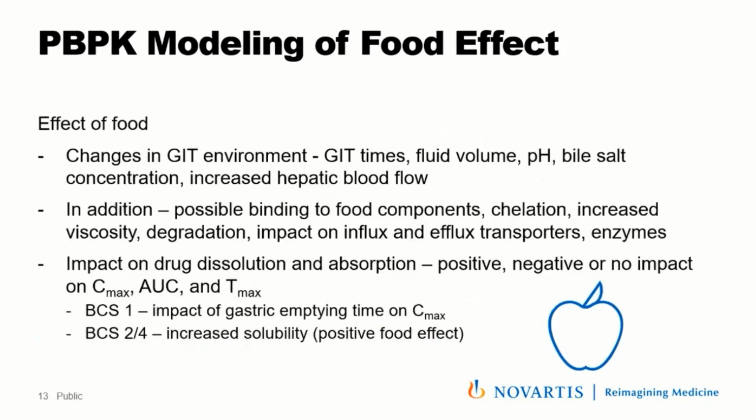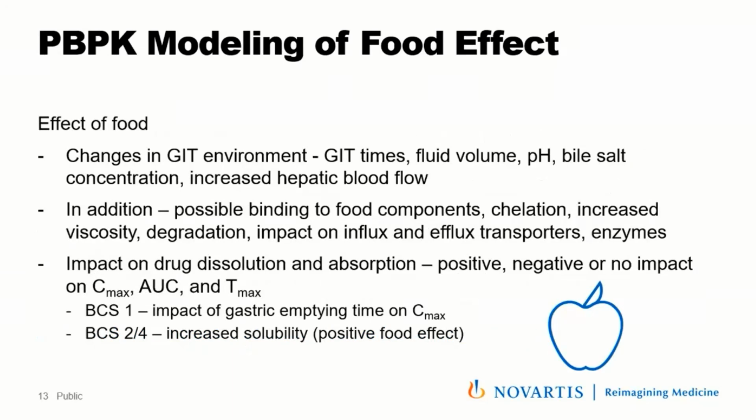Food has various effects in the gastrointestinal tract, from changing the environment pH, volume of fluid, concentration of bile salts, and transit times of formulations. In addition, there is also a possibility of binding of drug substance to food components, degradation of drug substance, and impact on transporters and enzymes.